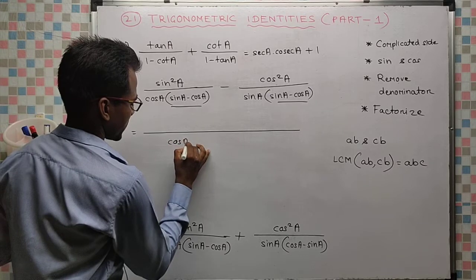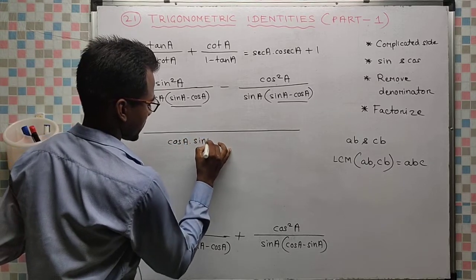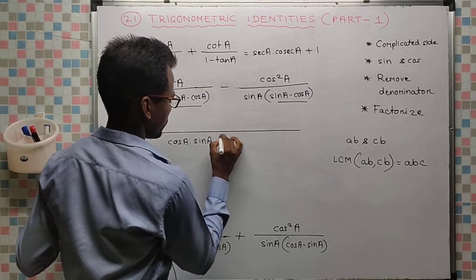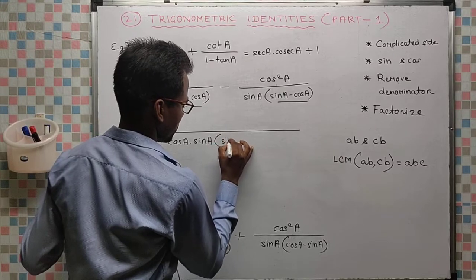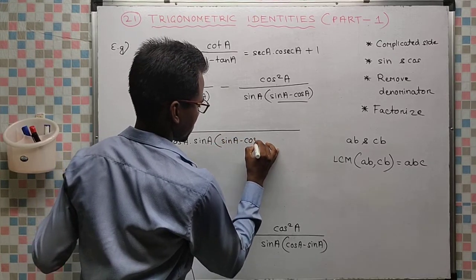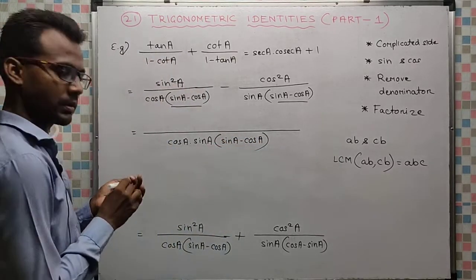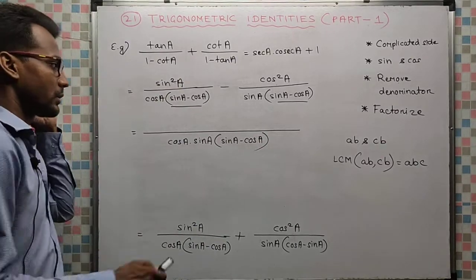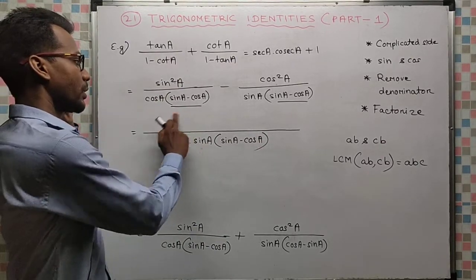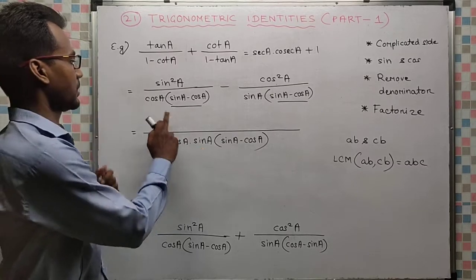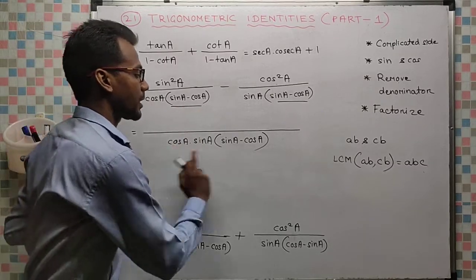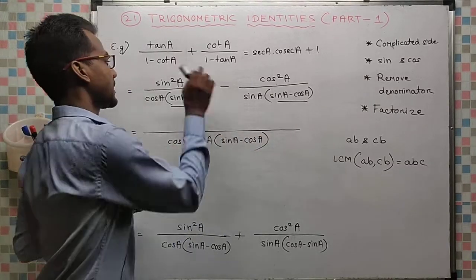We will have cos A into sin A whole into sin A minus cos A. Ready? So what extra is there for this denominator? Sin A. Here it was AB and here you have ABC. So we are going to multiply C here.